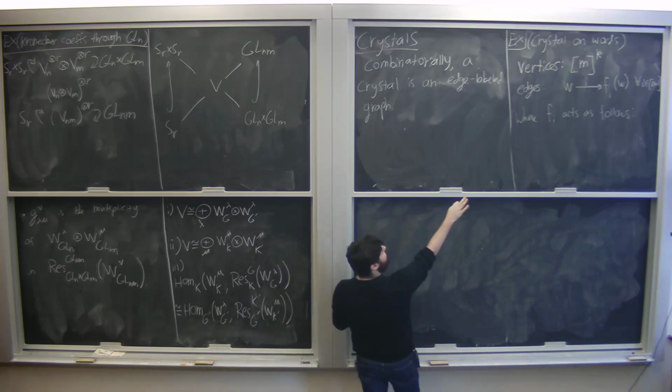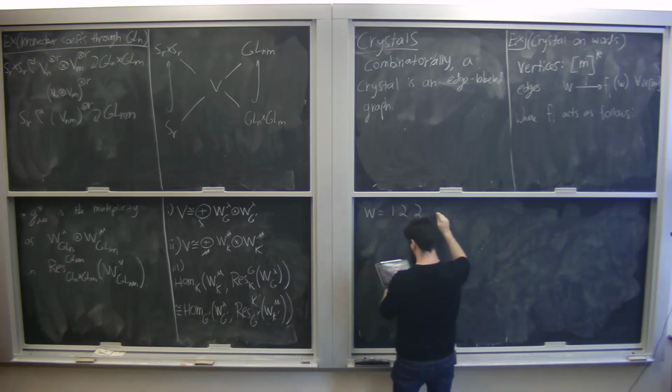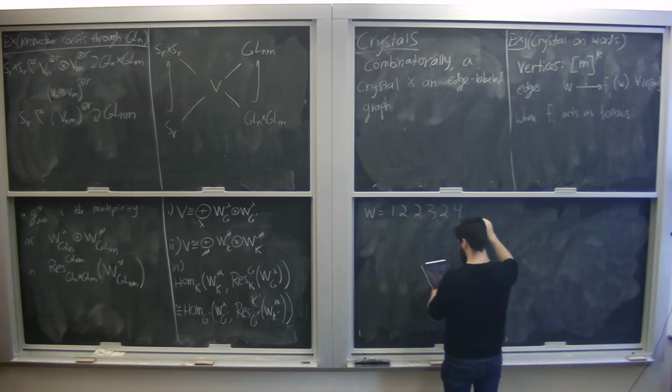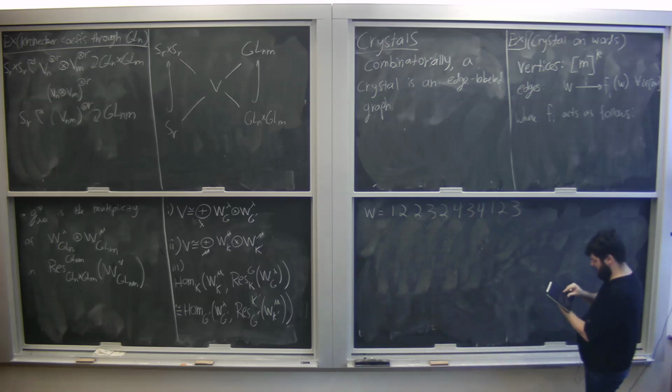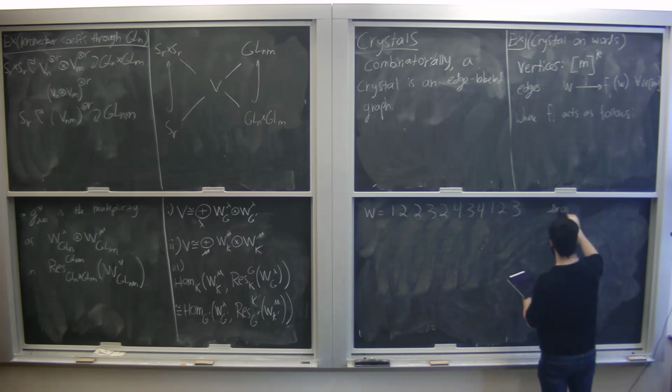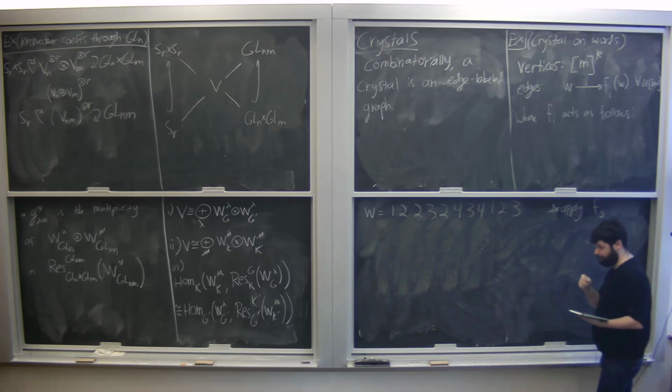Okay, so this is how we're going to transform a word. We're going to have a word like, for example, 1, 2, 2, 3, 2, 4, 3, 4, 1, 2, 3. And what we're going to do is apply f sub 2.